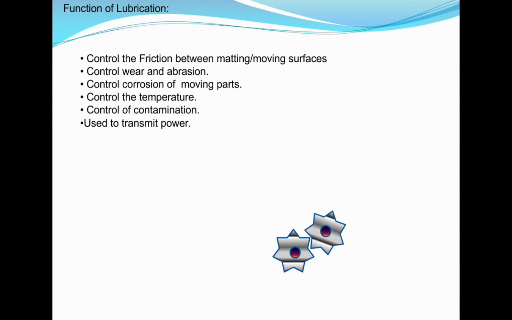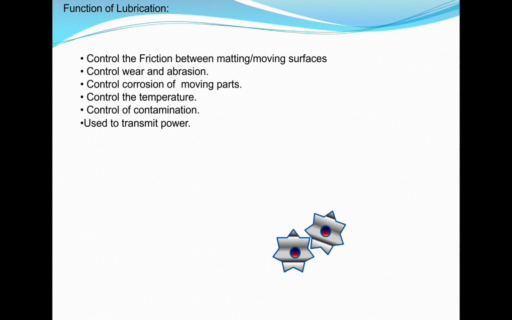When the mating parts meet each other, there is friction, so there is heat. That heat is taken by the lubricant and cooled through the PHE, plate heat exchanger, or tube type, shell type heat exchangers, and the cold oil is again circulated to the system. In that way it controls the temperature.